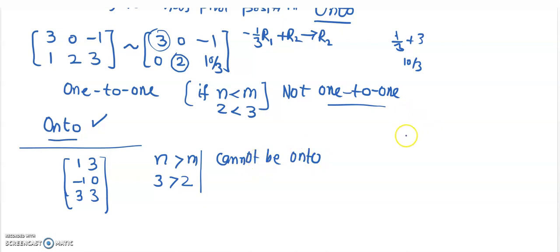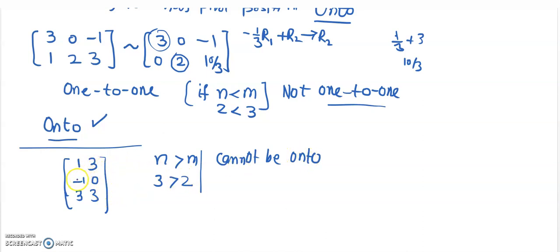So it means that we cannot consider the one-to-one transformation when the number of rows are less than number of columns, and we cannot consider the onto transformation when the number of rows are more than the number of columns.